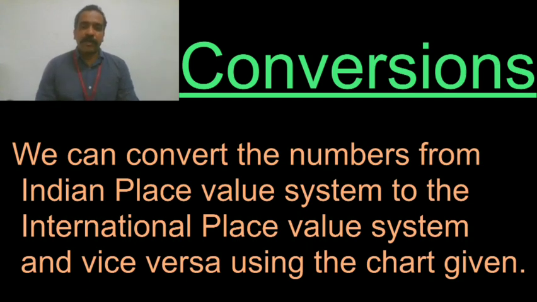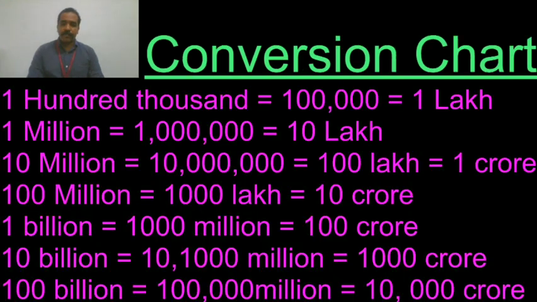If a number is given in the international place value system, you are able to convert that into the Indian place value system, and we can read the number names according to these systems. So let us see the chart of conversion that may help you to easily understand the relationship between the two place value charts.